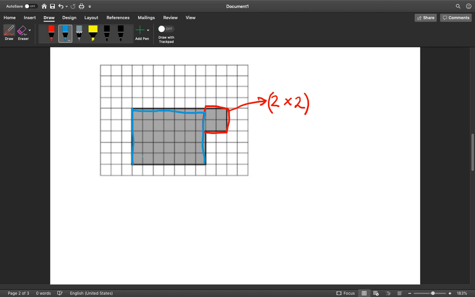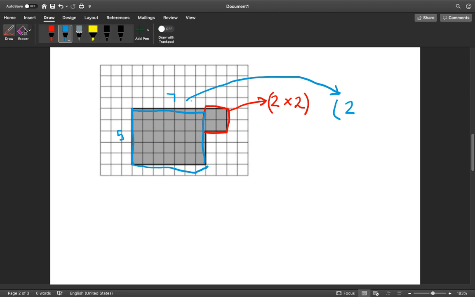And then I'm going to use another color and I'm going to find this other rectangle. And so for this shape, I have 2 rectangles put together. And this one is 1, 2, 3, 4, 5 on this side. And 1, 2, 3, 4, 5, 6, 7 squares on this side. So I've done this in blue so we can see, and I'm going to draw an arrow. I'm going to come over here and I'm going to write 2.